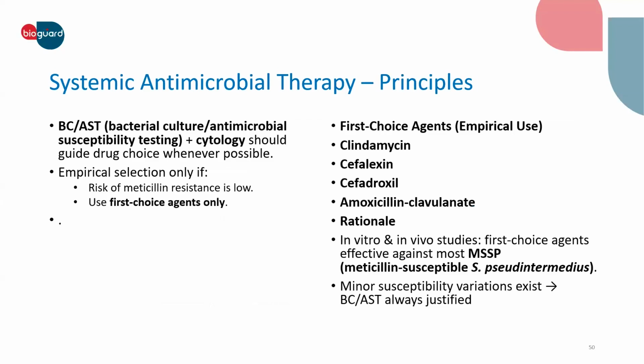And the principle of systemic antimicrobial therapy: we mentioned bacterial culture and antimicrobial susceptibility testing, and also cytology should guide the drug choice whenever possible, because empirical selection is only appropriate if the risk of methicillin resistance is low.